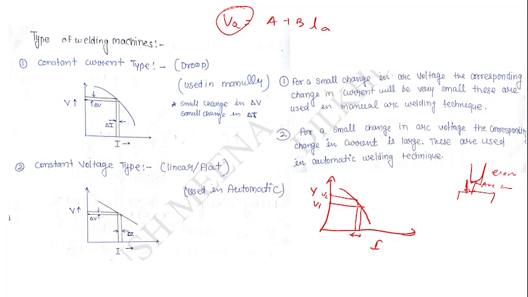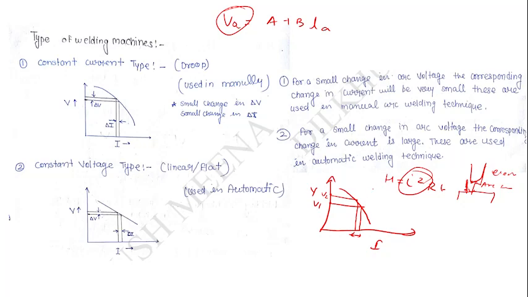Your current should not change, because your current decides what amount of heat will be generated. If your current is also changing continuously, there will be non-uniform heat generation, and your weld quality will not be good. So what is desired here?